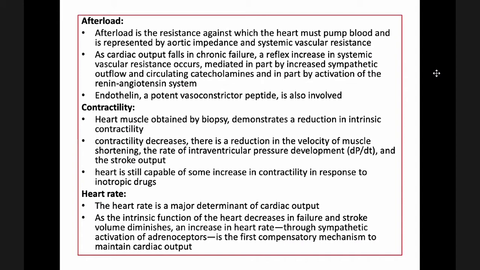Heart rate is a major determinant of cardiac output. As the intrinsic function of the heart decreases in failure and stroke volume diminishes, you'll have an increase in the heart rate. This is through the sympathetic activation of your adrenoceptors. So this is the first compensatory mechanism to maintain cardiac output.